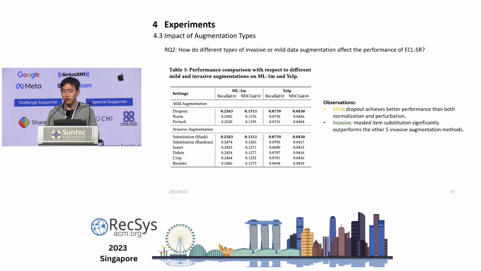In particular, masked item substitution brings more performance gain compared with random atom substitution. A potential reason may be that masked atom substitution can better preserve important correlations among atoms in the original user sequence, thus empowering the conditional discriminator to capture small differences.